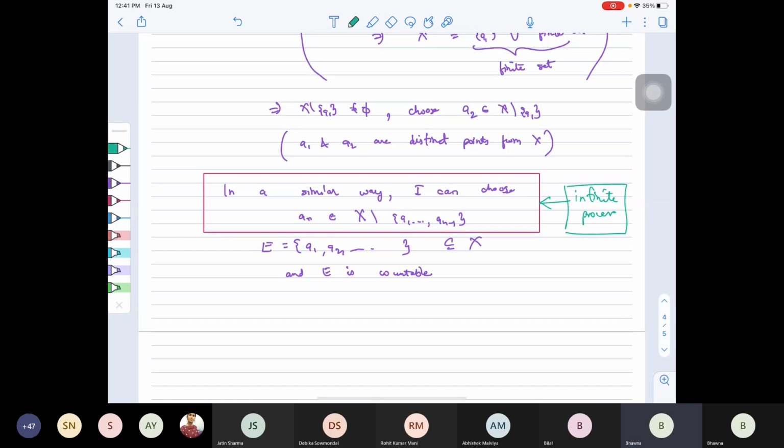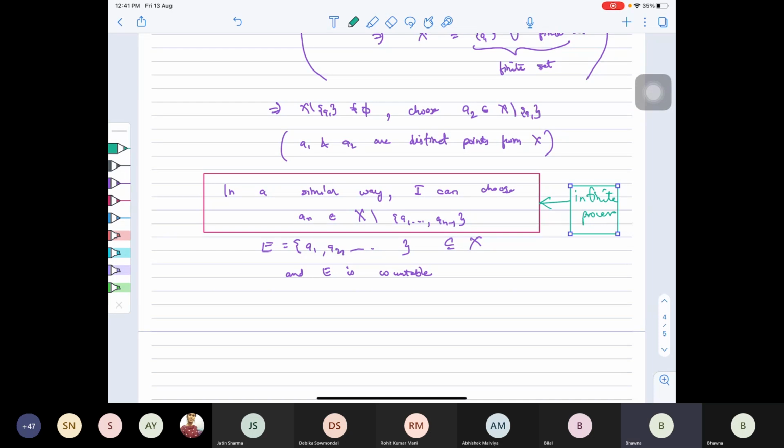What I was trying to say in the last class is that I have to keep on picking points arbitrarily many times. This is an infinite process. I want to finish it in a finite time, so that I can say this is particularly a set which is countable and a subset of X.